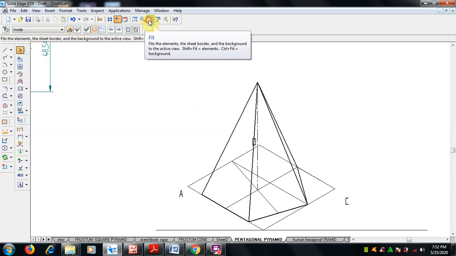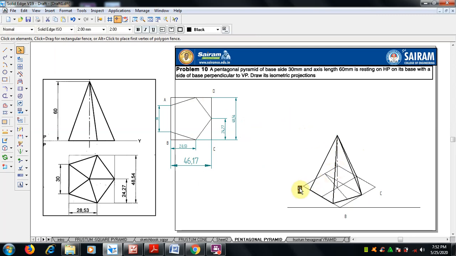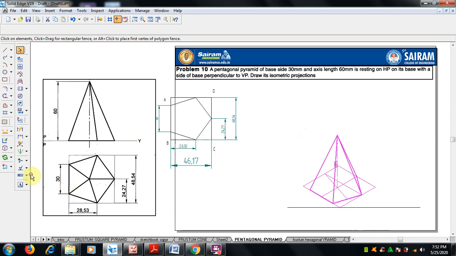Once it is done, as I said, we have to apply the scale factor. So this ABCD is not required. Select this totally, go for the scale. Here select scale. What is the scale? 0.816.